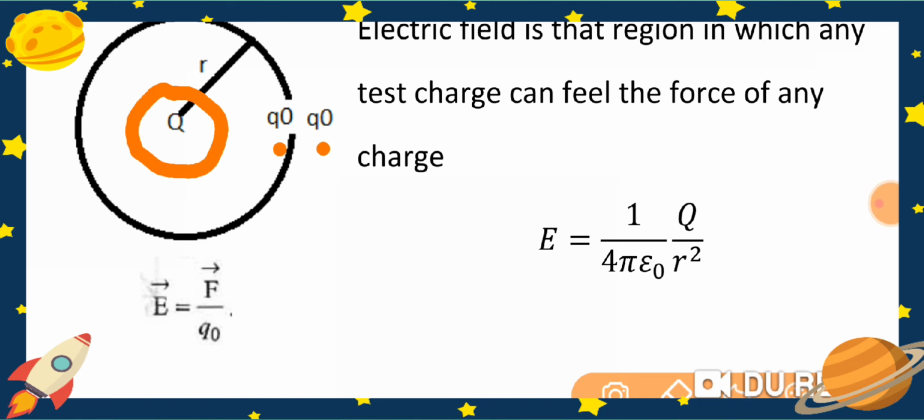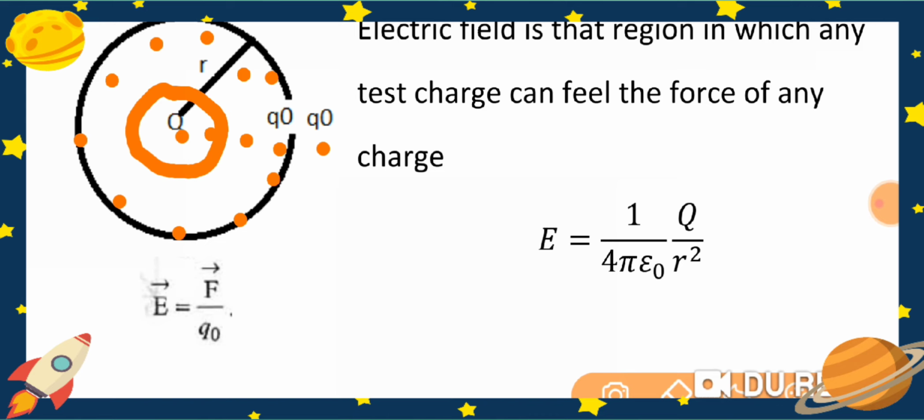What does it signify? It signifies that as this test charge moves close to the main charge Q, the intensity of the applied force increases rapidly. So, on the basis of this experiment, we can say that this is the boundary up to which this charge Q can apply a force on any other test charge.